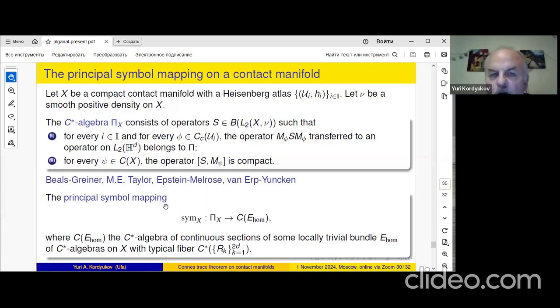And we saw that locally, the principal symbol is a function on a chart with values in some non-commutative algebra. When we start to glue these objects, we get a map from our algebra of pseudo-differential operators to the algebra of continuous sections of some locally trivial bundle of algebras, whose typical fiber is this algebra generated by these Riesz transform operators.